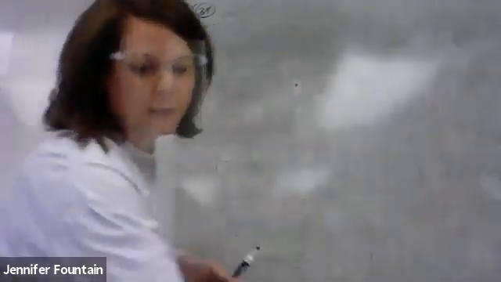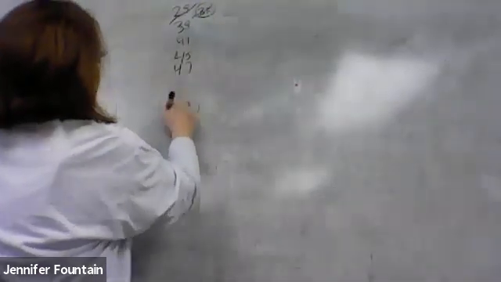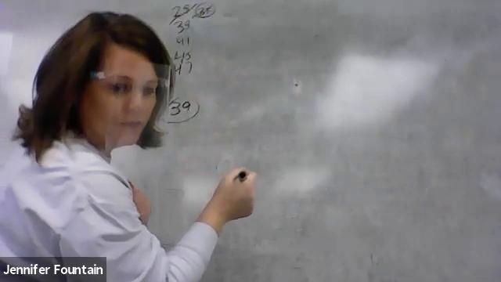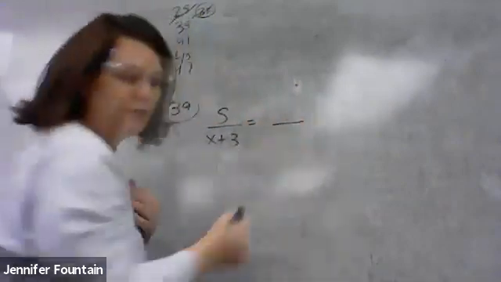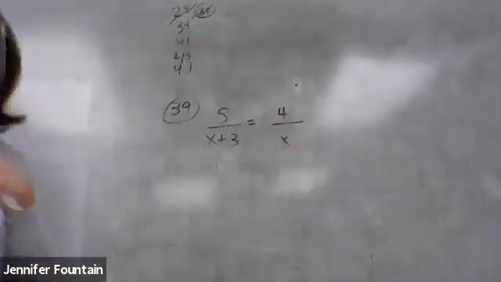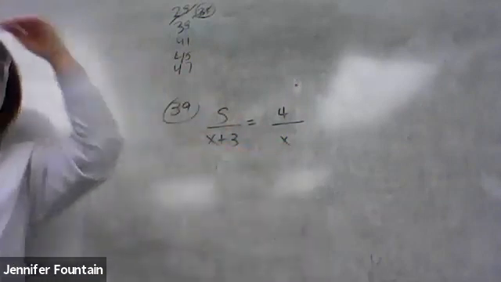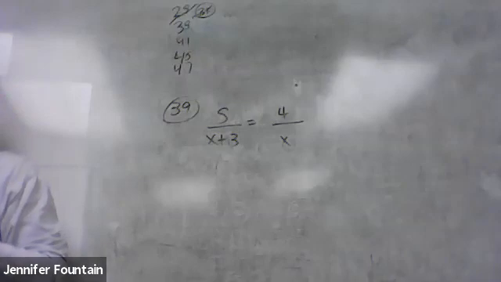Okay, 39 gives us a proportion. And I have 5 over x plus 3 is equal to 4 over x. Remember, what do I do here? How do I solve a proportion with an unknown measure?